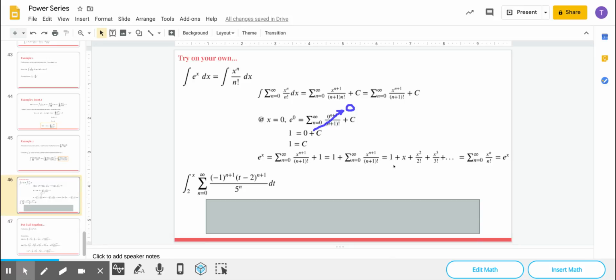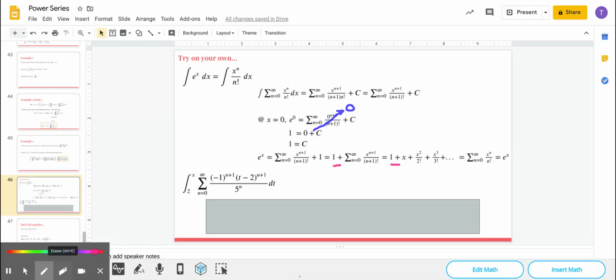Here's your 1 plus from the beginning, right? So that part right here, here, and here, those are the same values. That's the exact same thing. And the power series actually starts up at x to the first. And then you move to x squared over 2 factorial, x to the third over 3 factorial, which is exactly equal to just x to the n over n factorial from n equals 0 to infinity, which is exactly e to the x.